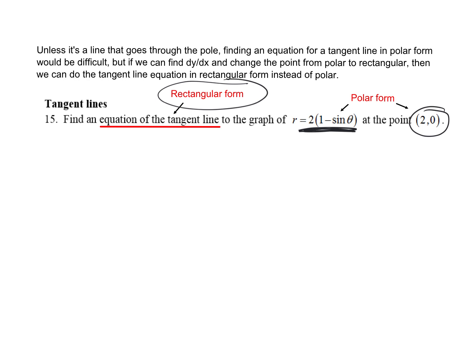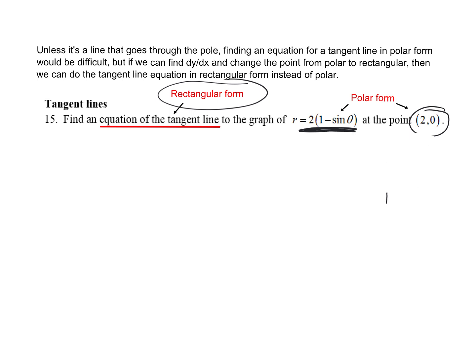However, it's really nice that they gave us a point here, (2, 0). Think about that. In polar form, that's the angle of 0 and r of 2. Isn't that just the point (2, 0) in rectangular also? So in this particular case, because they gave it to us on the 0 angle on the x-axis, it turns out to be the exact same point in rectangular.